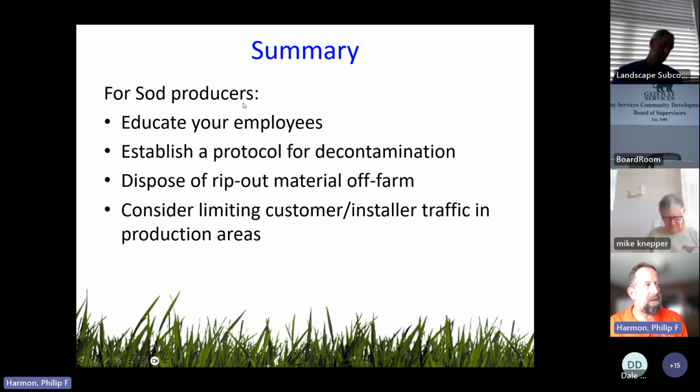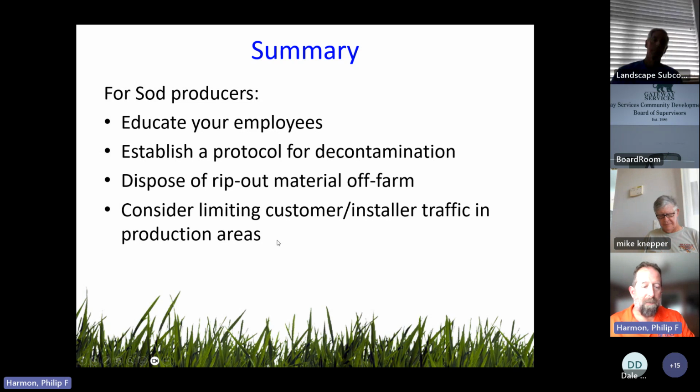As far as sod producers, they're very interested in this problem. They have educated their employees. They've established protocols in many cases for decontamination of trucks that come onto their farms. They've stopped, in many cases, disposing of rip-out material anywhere near the farm. And they've considered, in some cases, limiting customer traffic into production areas.